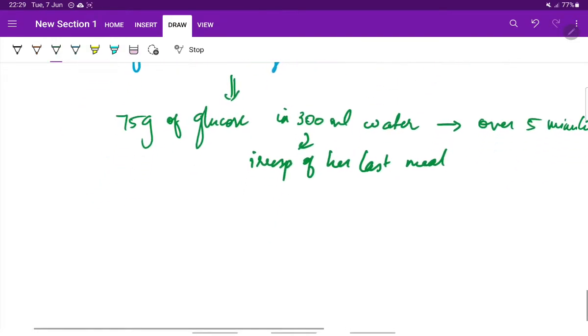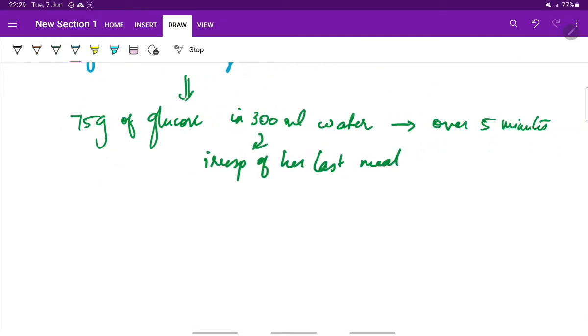And then the venous blood sample is collected and the plasma glucose is estimated after 2 hours.